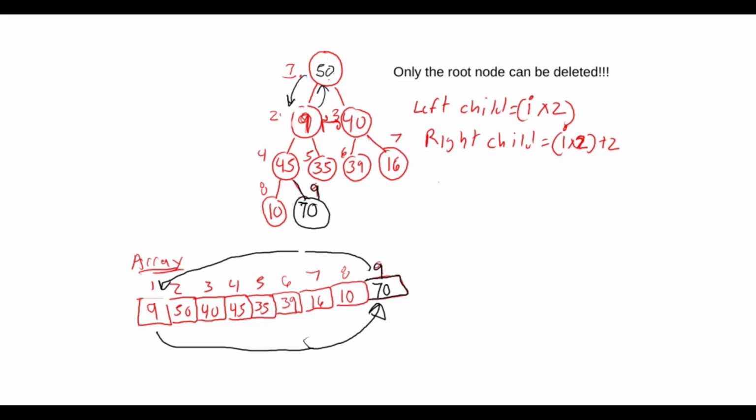And to see it, this is what we did here: basically 1 times 2 equals 2, and we do the comparison, and then 1 times 2 plus 1 equals 3. As you can see, 2 and 3.